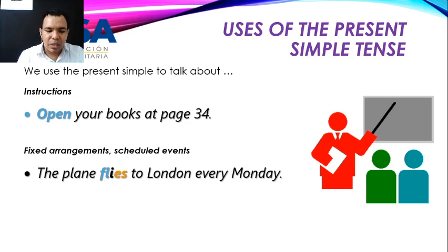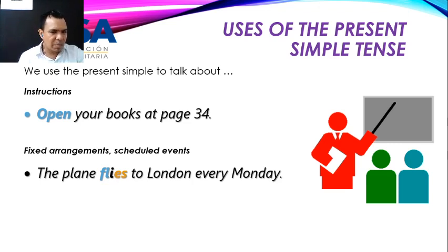It doesn't matter, it's not 10 o'clock right now. We are talking about something that is fixed, is scheduled, is a scheduled event. So we have the hour, the time when this action is done. So I use the present simple.